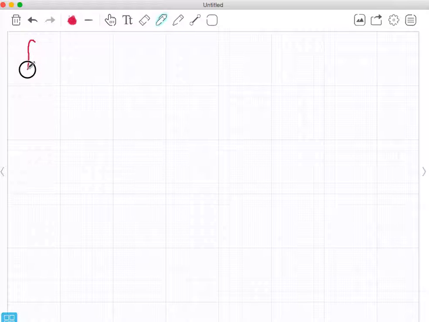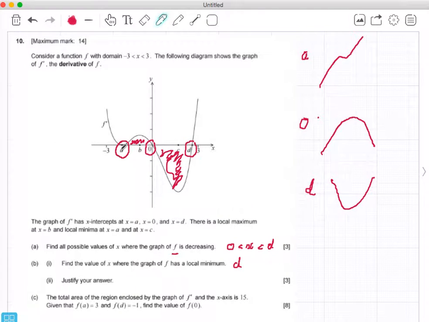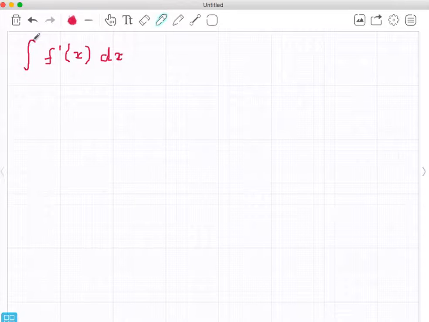So what I want to do is to integrate f'(x) dx. Let's just go back. I want to get this first area. So the upper limit is 0 and the lower limit is A. So 0 to A.